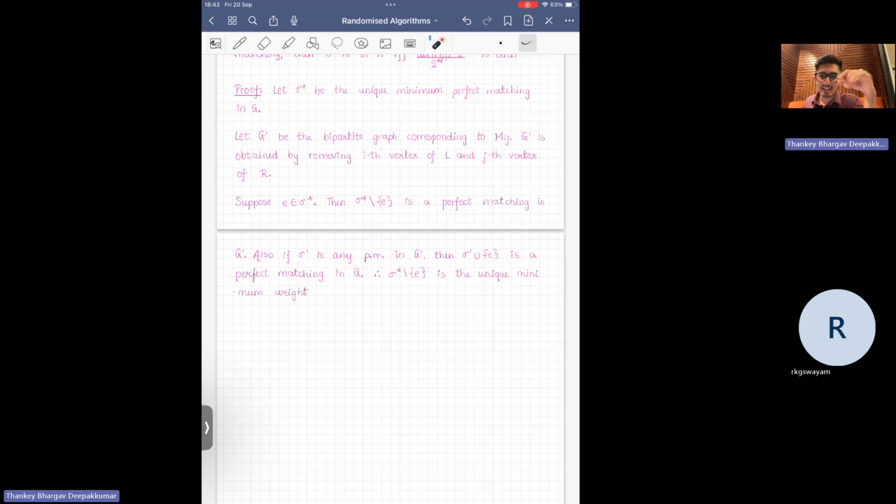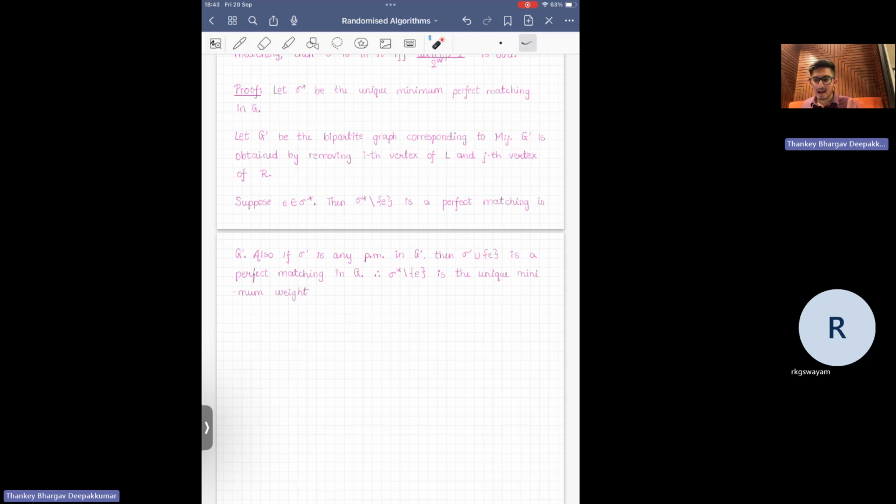Sigma prime is a perfect matching in which graph? G prime, right? G prime doesn't have the vertex I in L and vertex J in R, right?